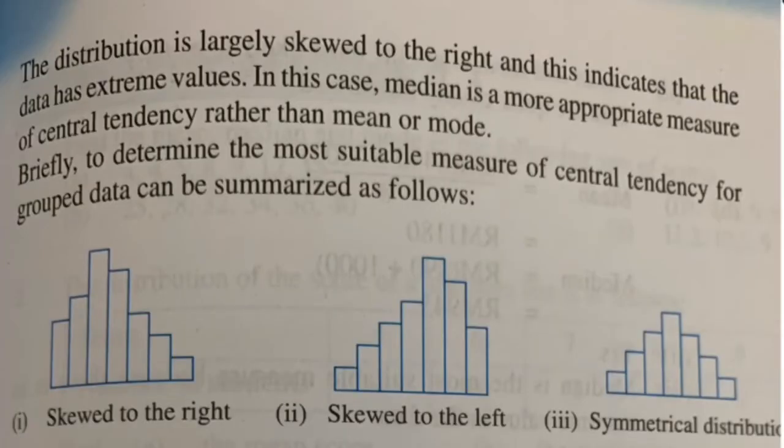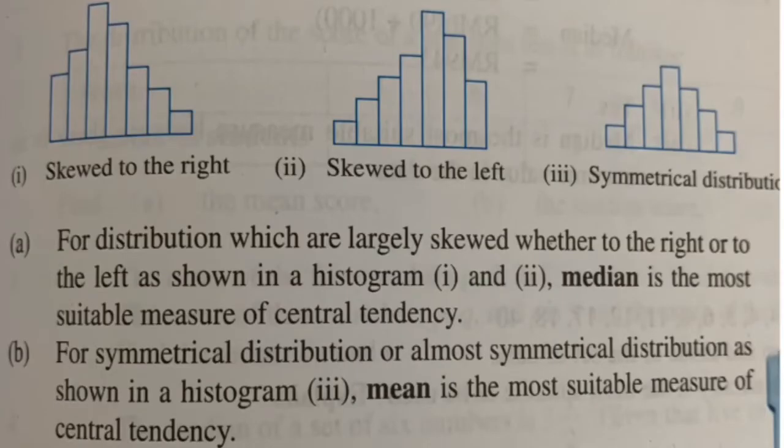Normally, for a distribution that is largely skewed to the right, this indicates that the data has extreme values. In this case, median is a more appropriate measure of central tendency than mean or mode. Briefly, the most suitable measure for grouped data can be summarized as follows. Case 1, skewed to the right. Case 2, skewed to the left.